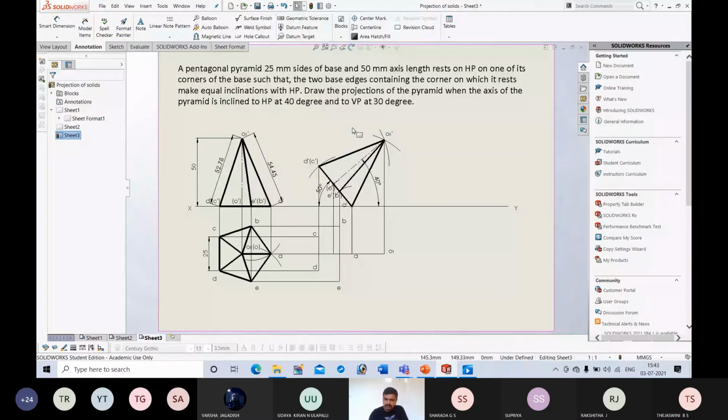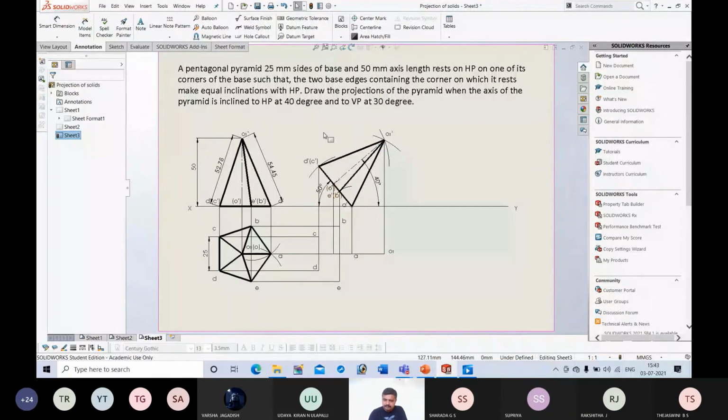So when you look from top, if the apex is nearer to the observer and the base is farther, then the base will become invisible in the top view. Suppose instead the base is nearer to the observer and the apex is farther, then the base will become visible.